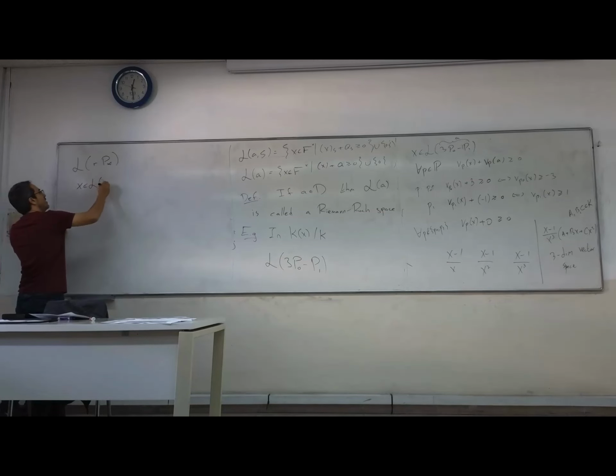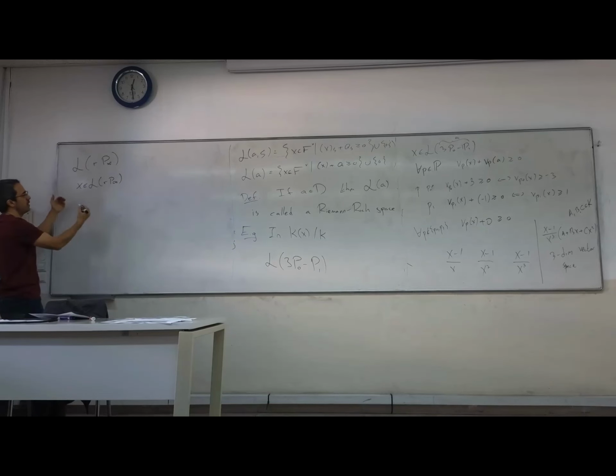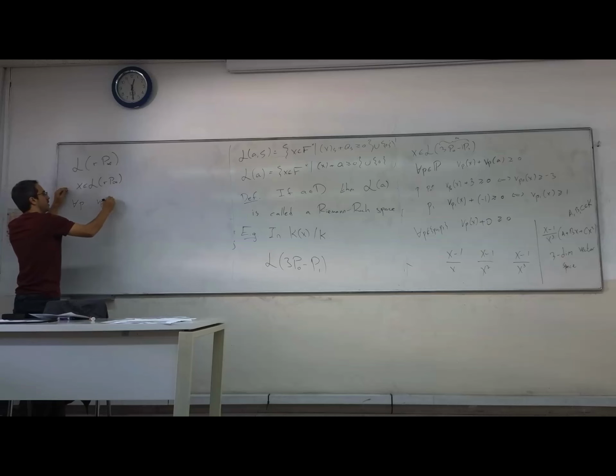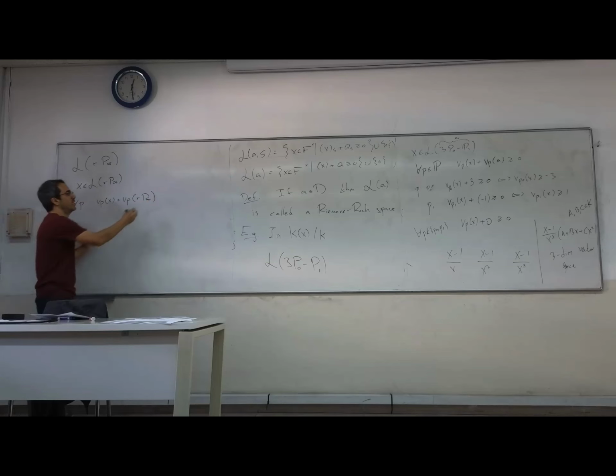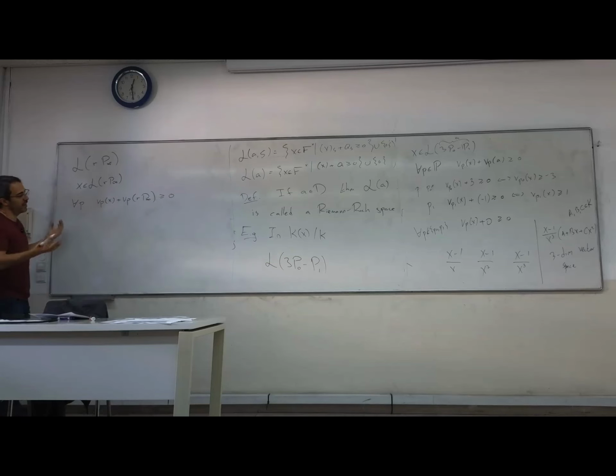So x is here. So for that to be here, for every prime divisor, for every p, you needed vp of x plus vp of r times p infinity to be at least 0. That's what we need. And there are two cases, p infinity and the others, p that is not p infinity.